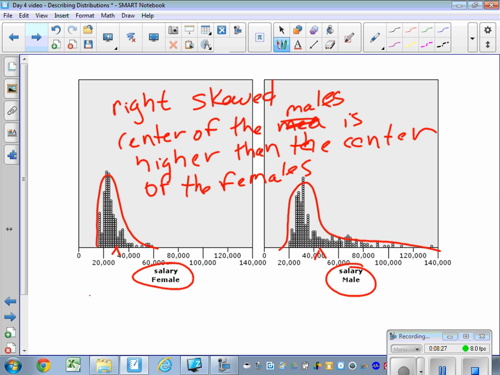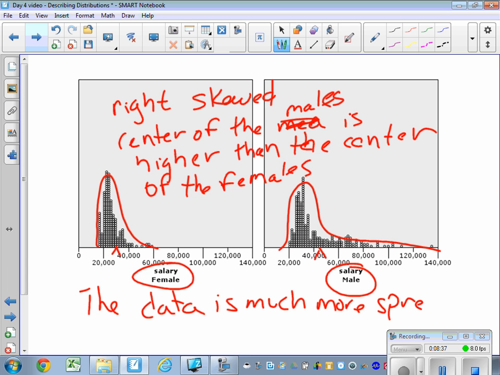And we would say the male data is much more spread out than the female data. And once again, we'll learn better ways to describe these when we learn things like standard deviation and mean. But for now, we're just going to talk about that.